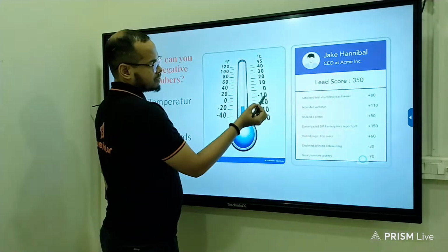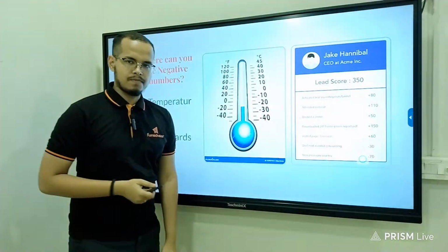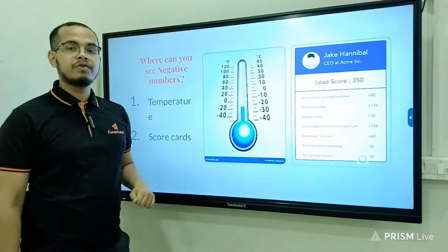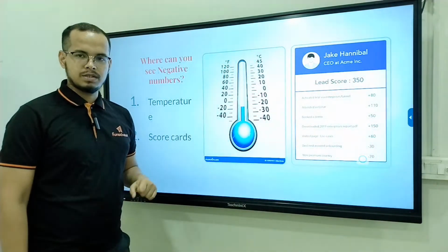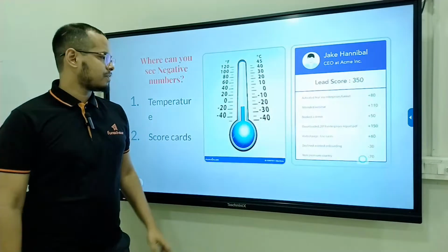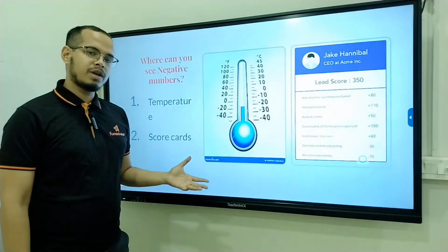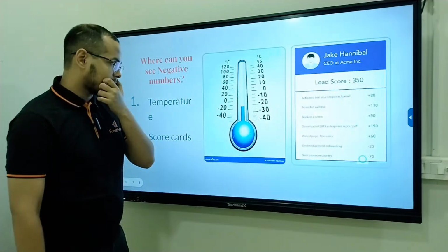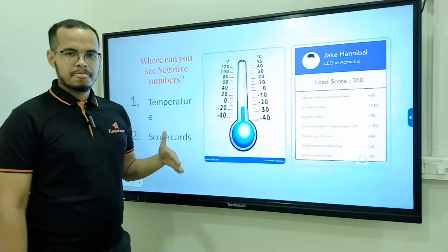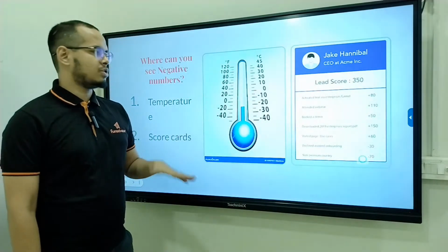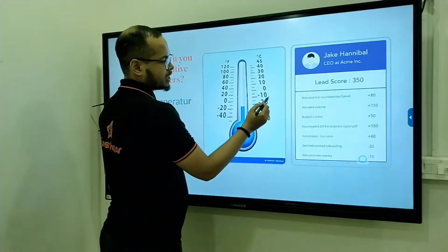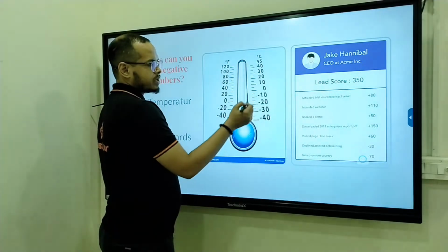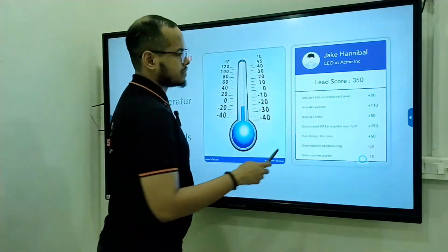If you are going to the Arctic Circle, Antarctica, or the Himalayas for a trek, the temperature there is negative, less than 0. So we get negative numbers, and these negative numbers are nothing but negative integers.